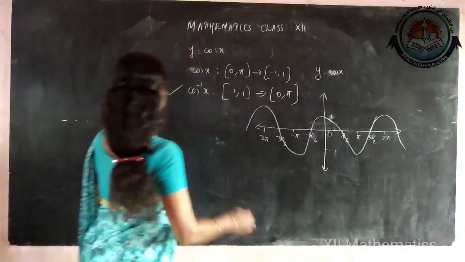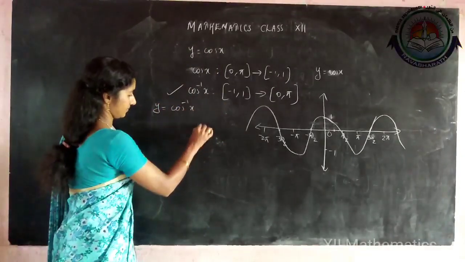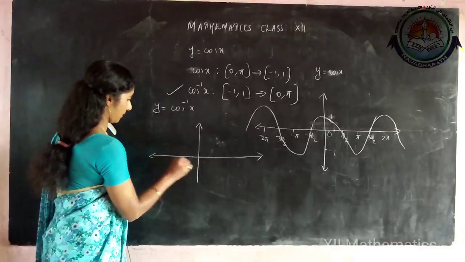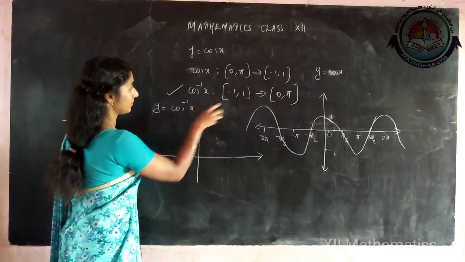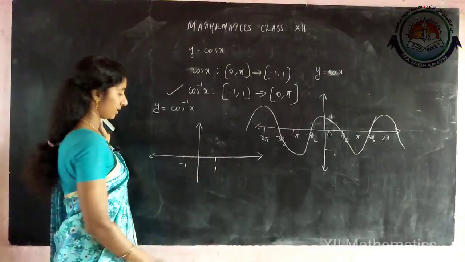Then only we can define the inverse of those trigonometric functions. We can draw the cos inverse x graph also. Y equal to cos inverse of x. For that, x is an element of minus 1 to 1. So on the x axis we mark minus 1 to 1.